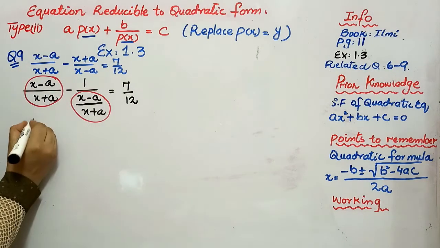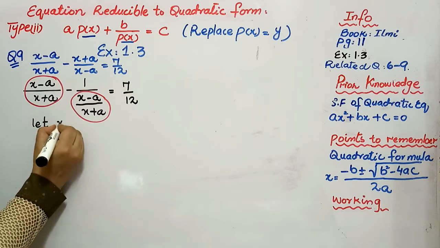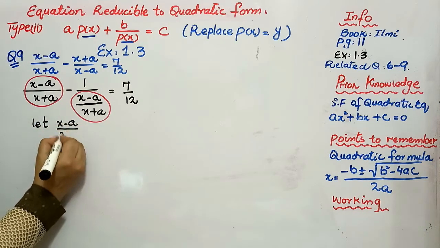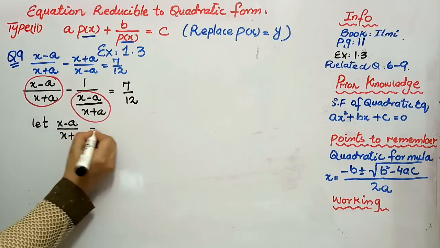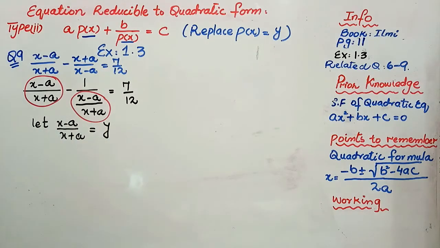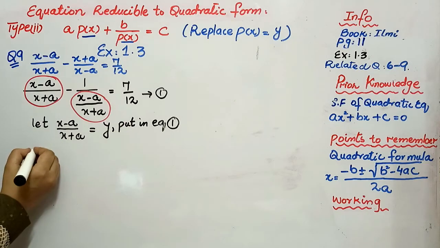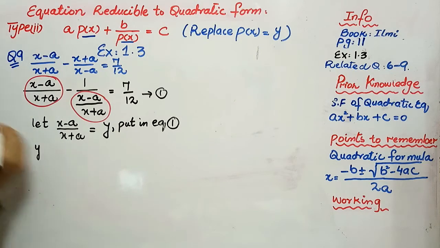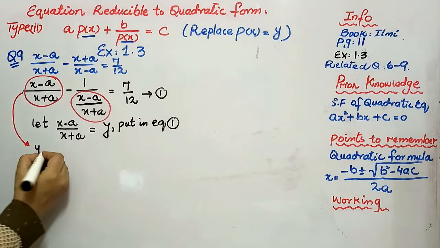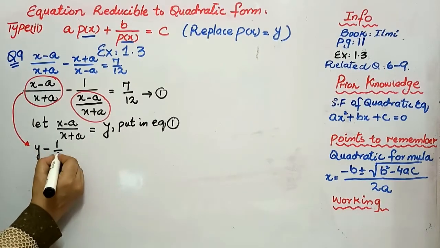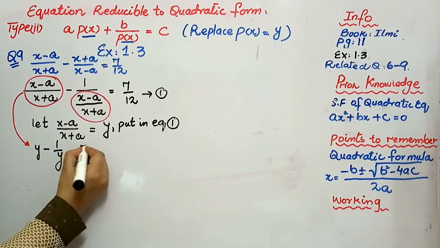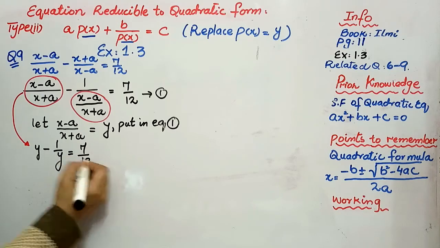So let x minus a by x plus a be equal to y. Fine. Put in equation 1. So it will be y minus 1 upon y is equal to 7 over 12.